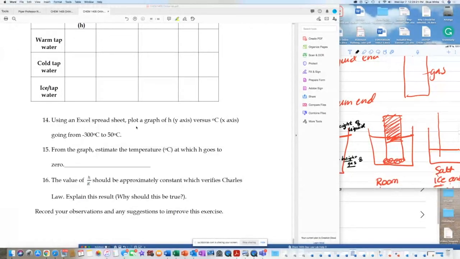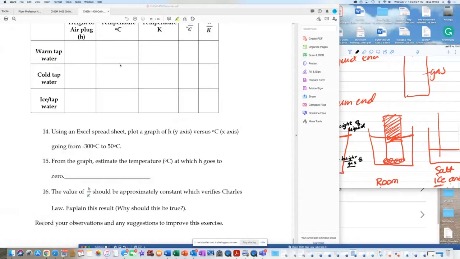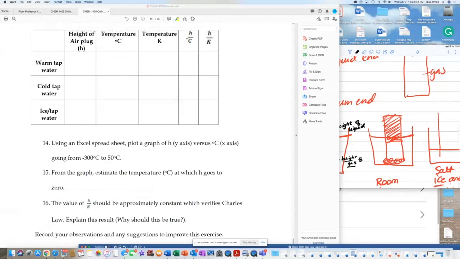You can draw the graph manually like I did, or you can use Excel spreadsheet to plot the height, as the y-axis, versus degrees Celsius, the x-axis. So even though you have temperature in Kelvin here, you're drawing height versus Celsius. Sorry, the y-axis is your height. The x-axis is Celsius right here.